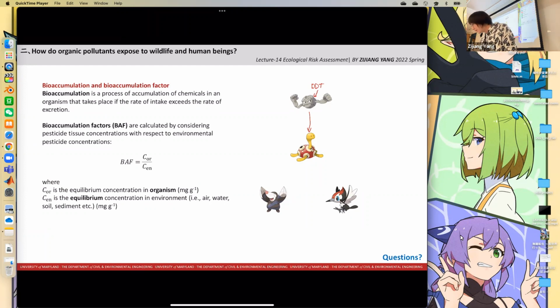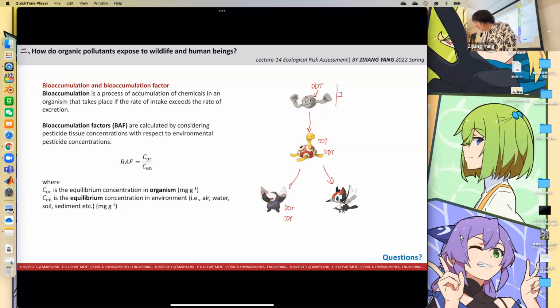So the DDT will accumulate in the body of the earthworm. And we have some other animals that will eat the earthworm, like the moles or the birds. And when these animals eat these worms, they will also get the DDT. And because the DDT cannot be excreted or removed by these animals, the DDT concentration will accumulate.